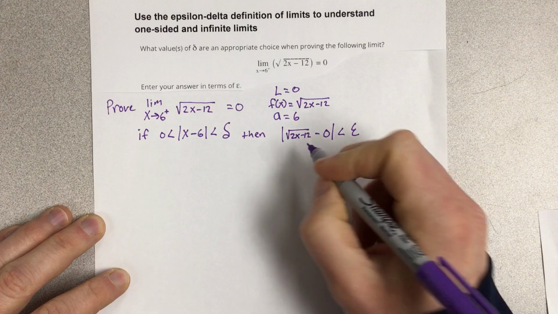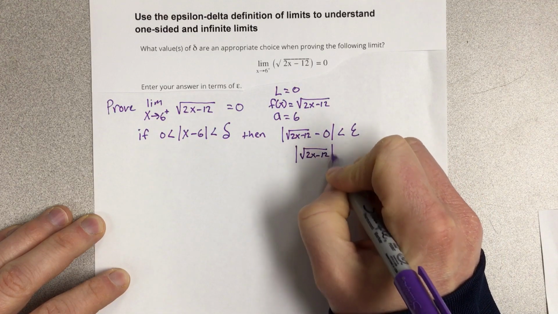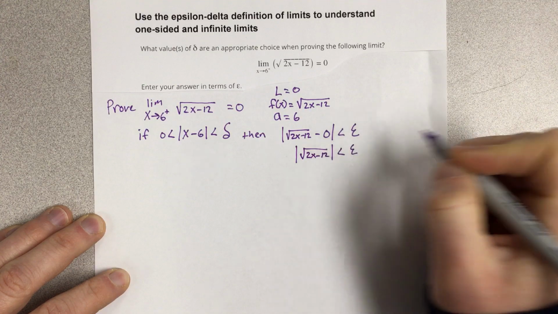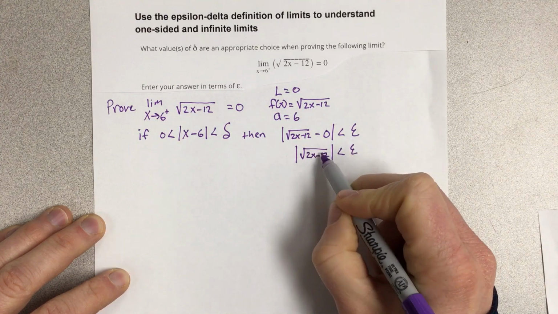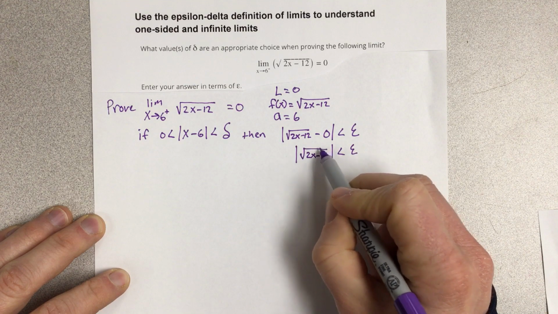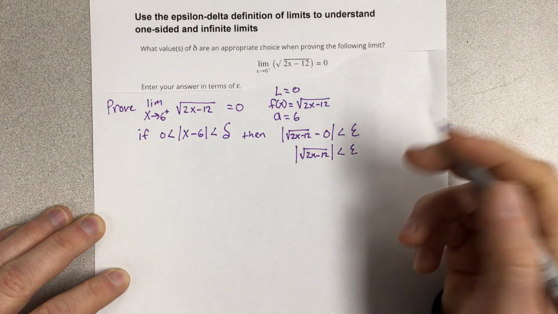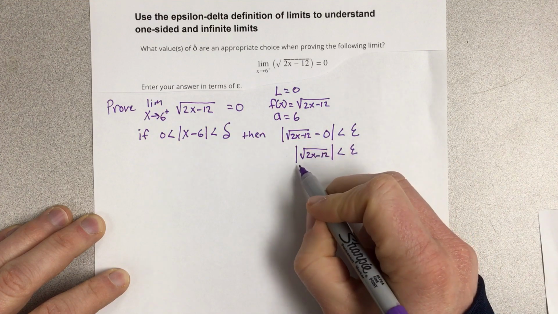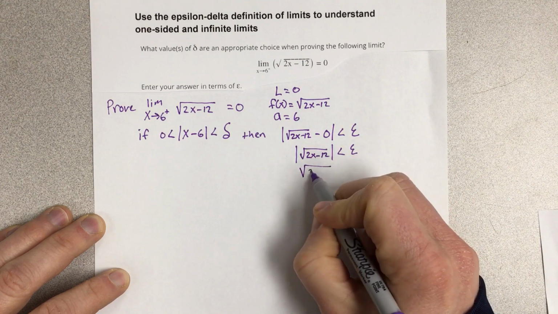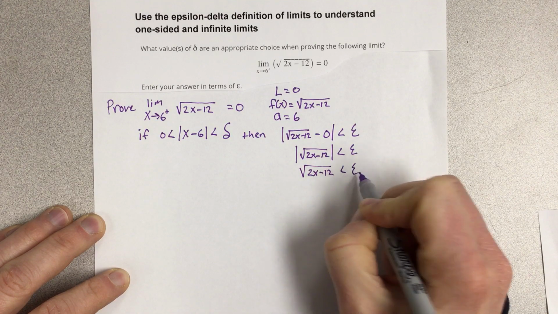So we subtract 0, we get the absolute value of root 2x minus 12 less than epsilon. If we're taking the square root of some number, it has to be positive, so this whole thing is going to be positive, and we don't have to worry about the absolute value signs. So we can drop those and say the root of 2x minus 12 is less than epsilon.